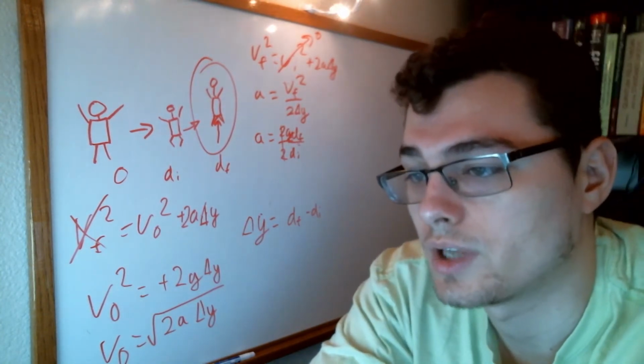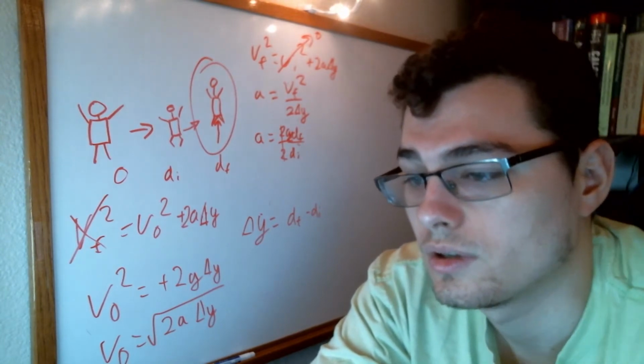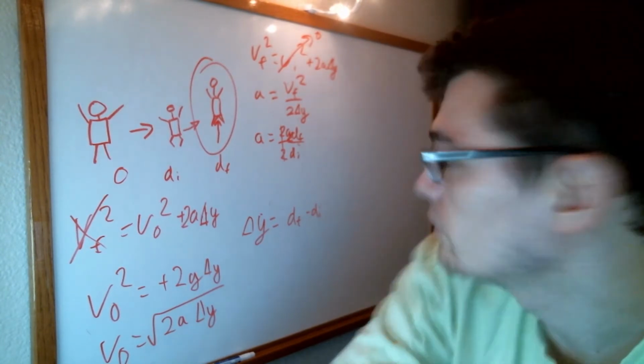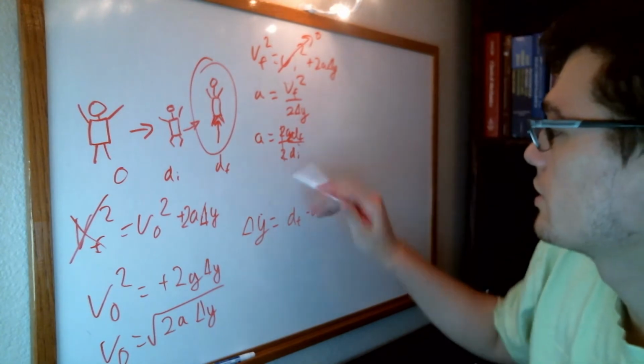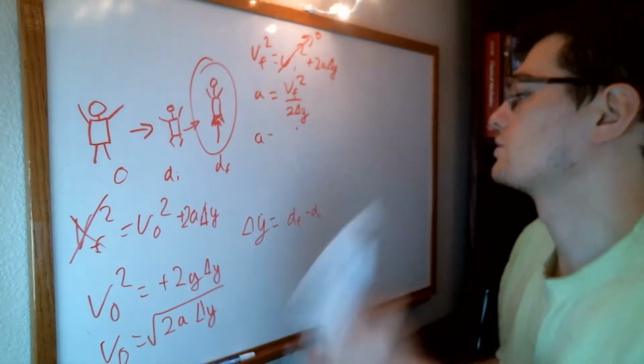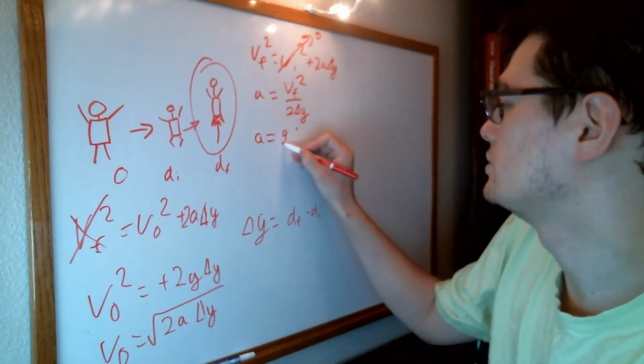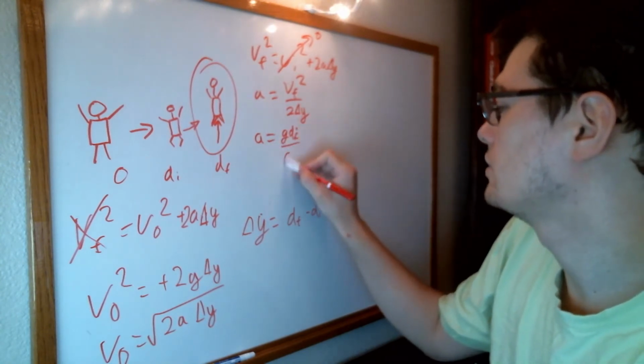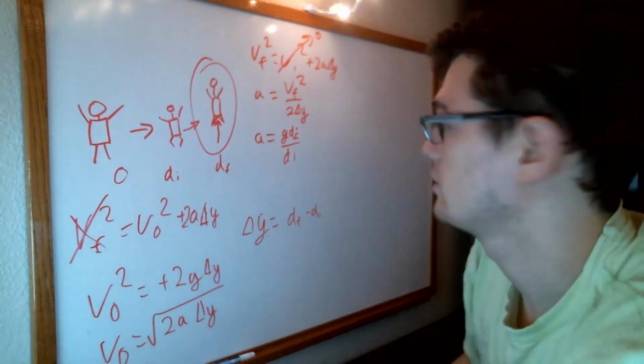And so then you can calculate the acceleration. So this will be your acceleration. I'm going to rewrite this so it's clear. This is going to be equal to G dF over DI.